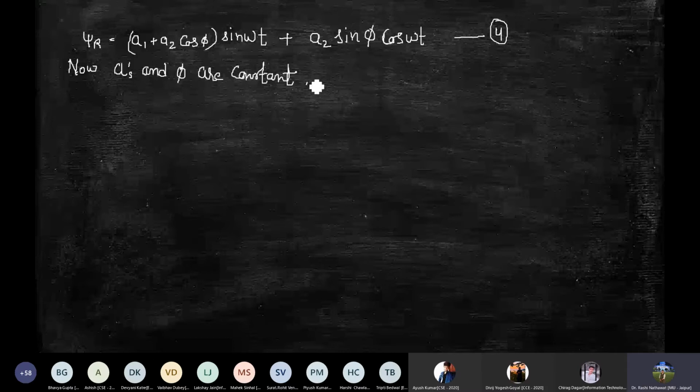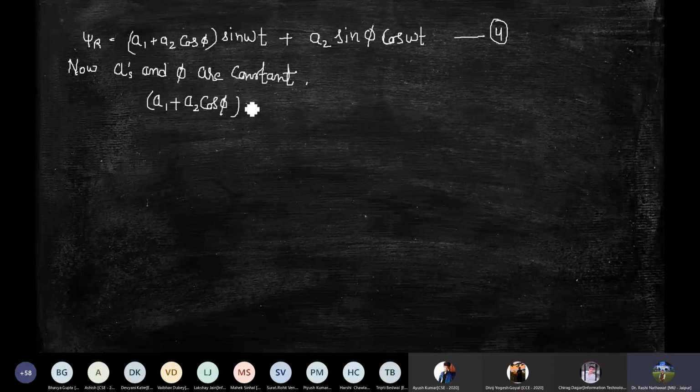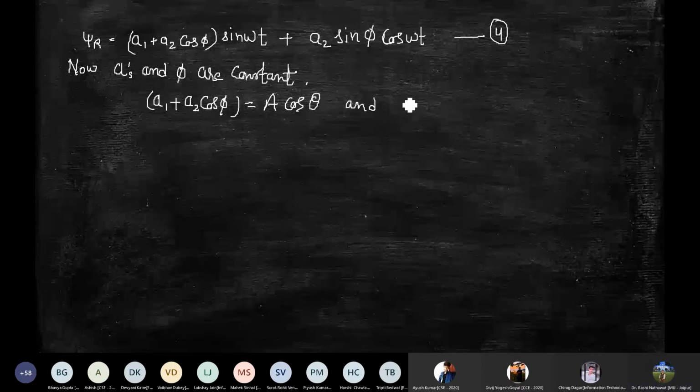So we can justify in settings this A1 plus A2 cos phi equals A cos theta. We are just justifying it and assuming it. And A2 sine phi equals A sine theta. This can be equation number 5 and this will be equation number 6.